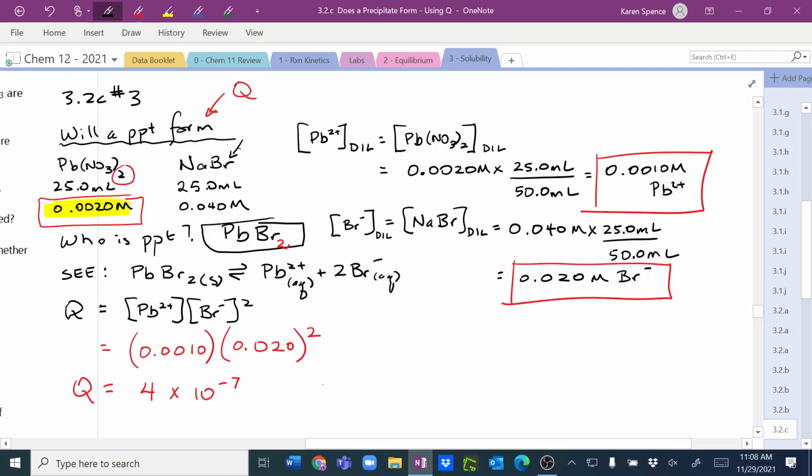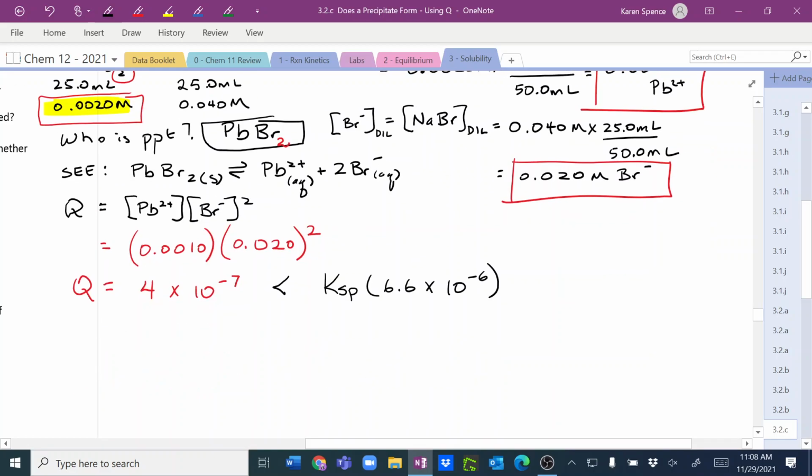So that is compared to KSP, which is 6.6 times 10 to the negative 6. And is that bigger or smaller? Smaller than KSP. Therefore, no precipitate will form, or a precipitate will not form, okay?